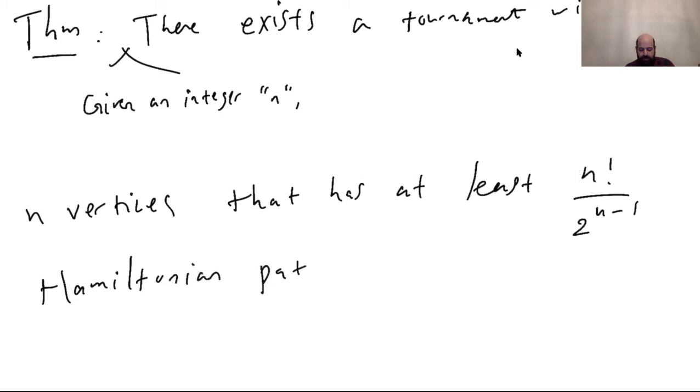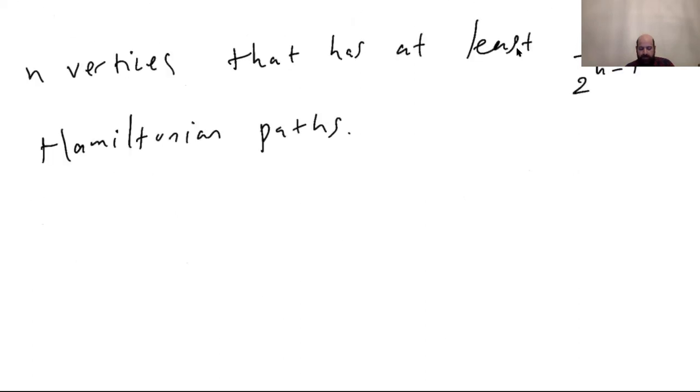Okay, so for any number n, there exists at least one tournament with n vertices that has at least n factorial over 2 to the power n minus 1 Hamiltonian paths.